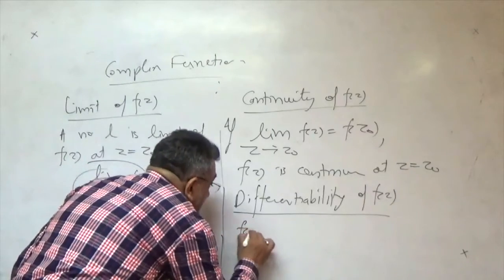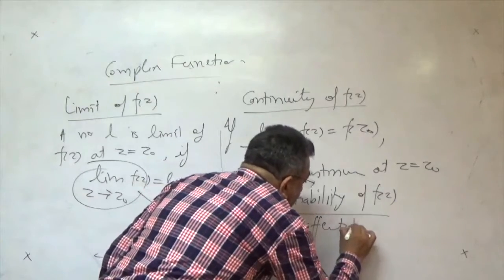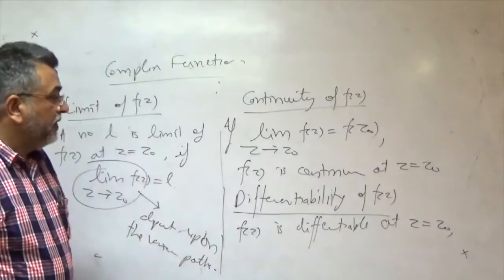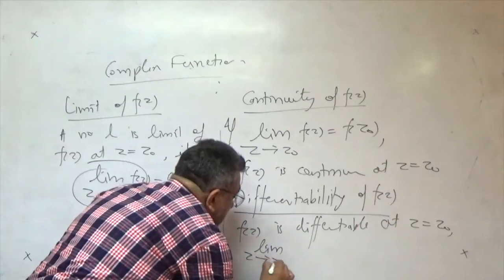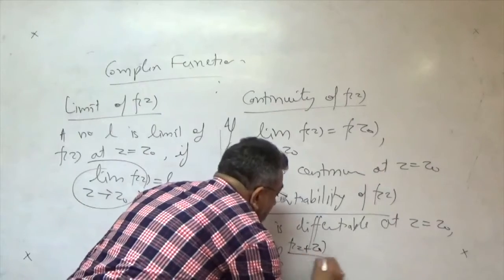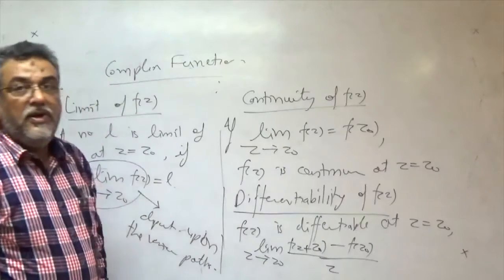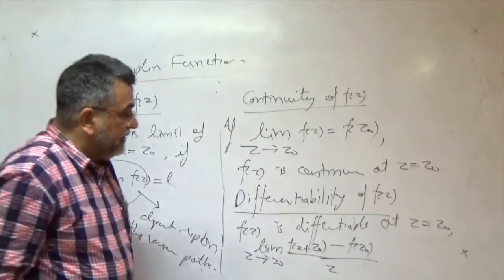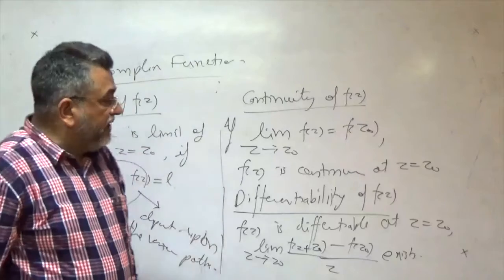Again, by definition, f(z) is differentiable at a point z equal to z naught if the limit as z tends to z naught of f(z plus z naught) minus the value of the function, divided by z, exists.